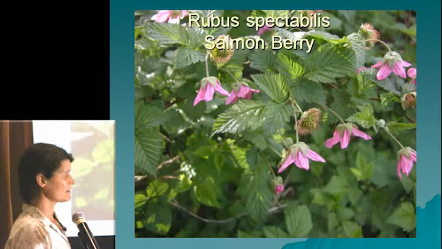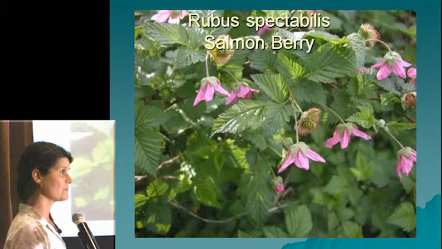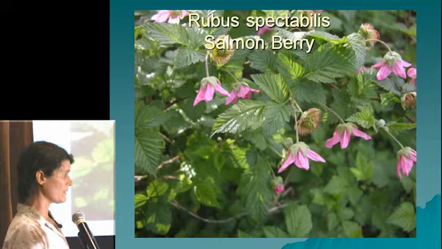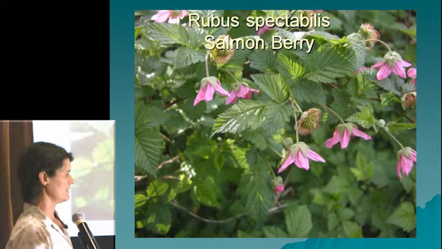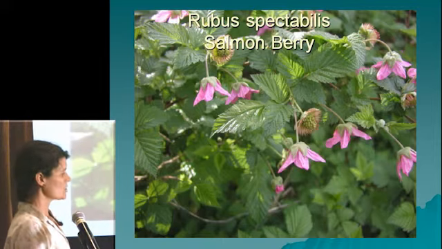Rubus spectabilis, I don't know if I've seen this species on this side of the hill yet, but it's definitely on the west side of the Santa Cruz Mountains in Butano, and I think it might be in Big Basin. So Rubus spectabilis, again, it's a deciduous shrub getting maybe 6 feet.